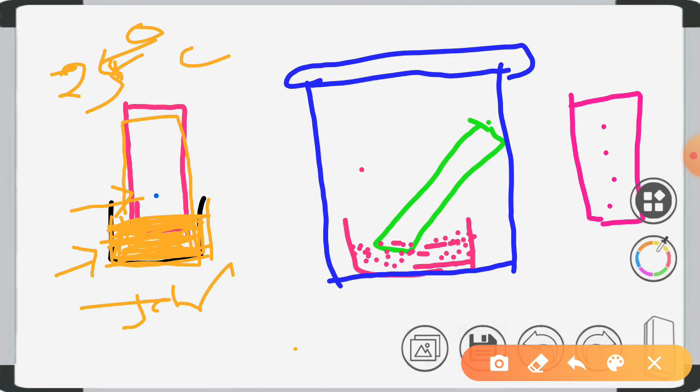After that, the glass plate is kept in the slanting position, and the solvent slowly moves on the solid stationary phase.